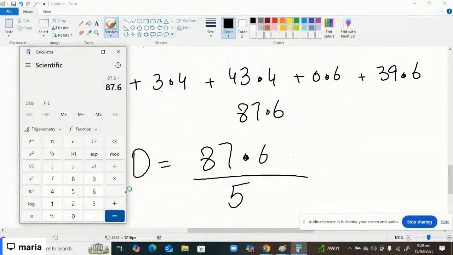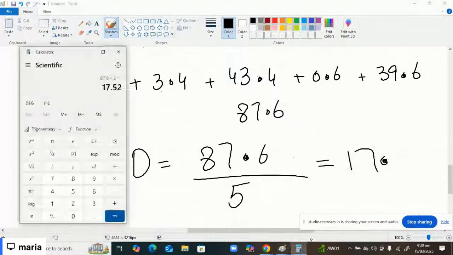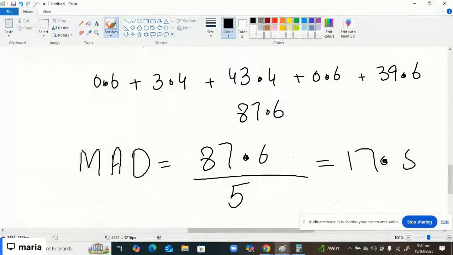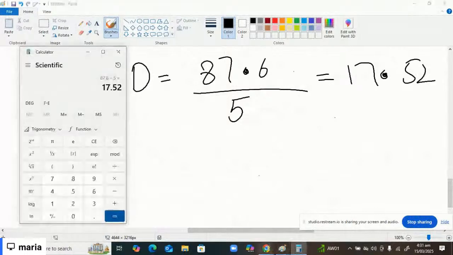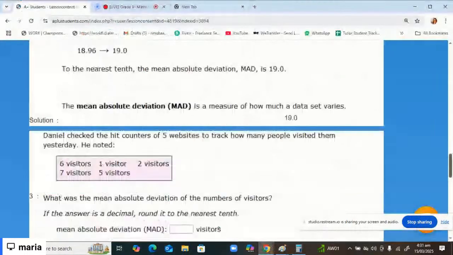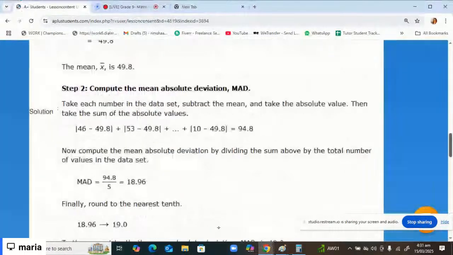So dividing by 5, this is 17.52. If you want to round it, it's all up to you. Otherwise you are going to write the mean absolute deviation this way. This is the total way to do it. Okay, this is all about it.